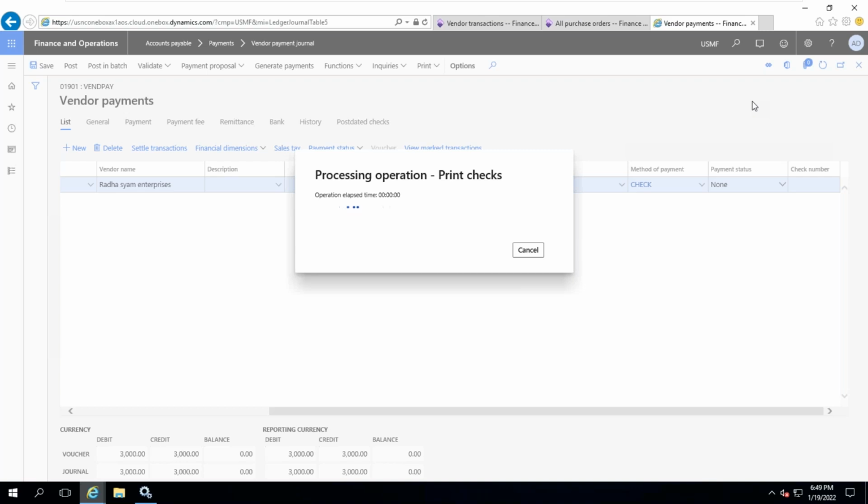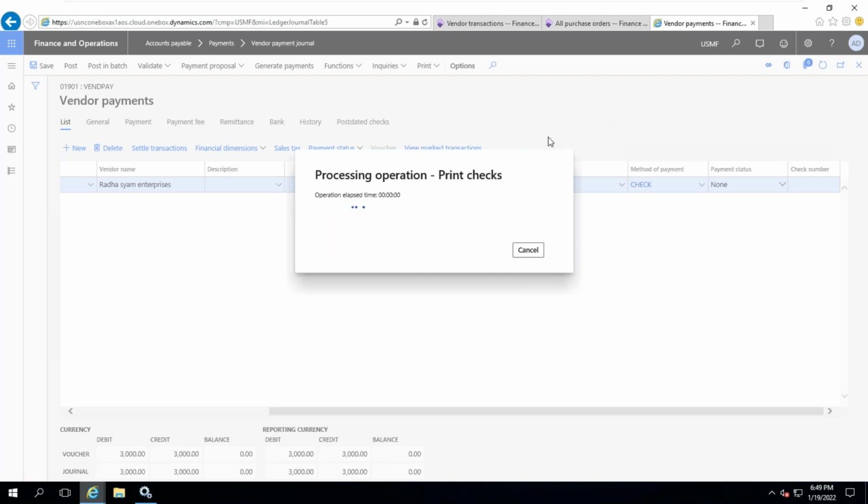The first time, as I told you, check generation will take much time. From the second time onwards it will be faster, because the connections between the internal technical components, X++ language and the print format, take some time. SSRS and SSAS are the technical terms discussing each other. X++ is the code and SSRS is the report format. These two connections will be established the first time.